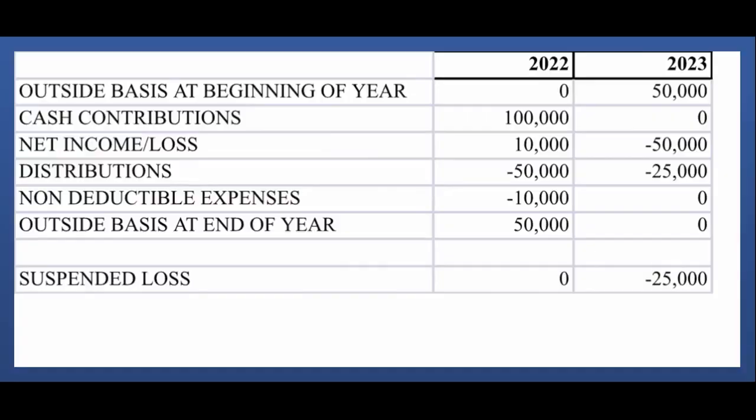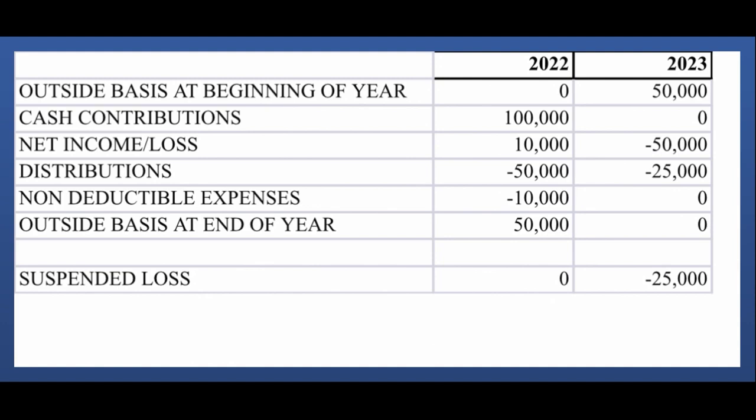And then after that, we're going to dive into distributions. So we'll start with this example on the screen, and we're going to pretend that 2022 was the first year of this new partnership. We're just looking at Nick's outside basis, so we're going to pretend this is about me. In 2022, I'm a 50% partner, and I contribute cash of $100,000 into the partnership.